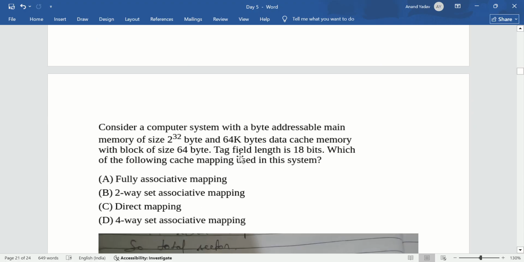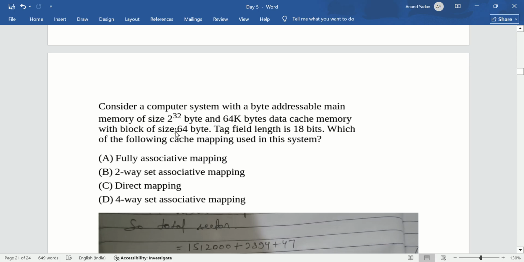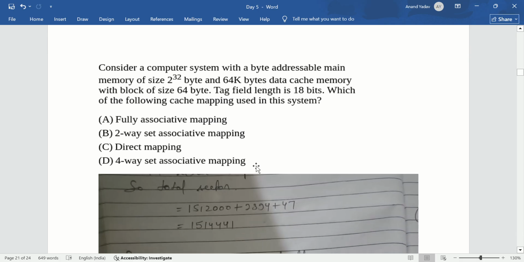Now next one: consider a computer system with a byte addressable main memory of size 2^32 bytes and a 64K byte data cache memory with block size of 64 bytes. Tag field length is 18 bits. Which of the following?